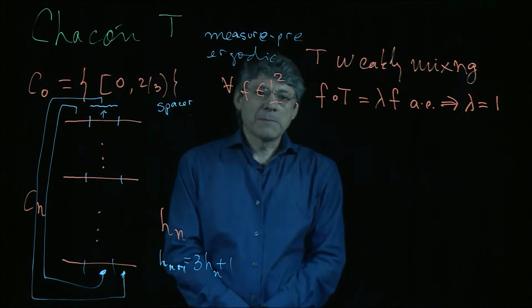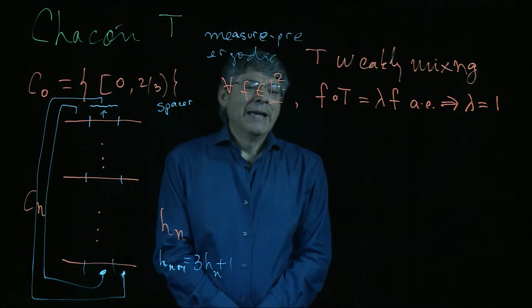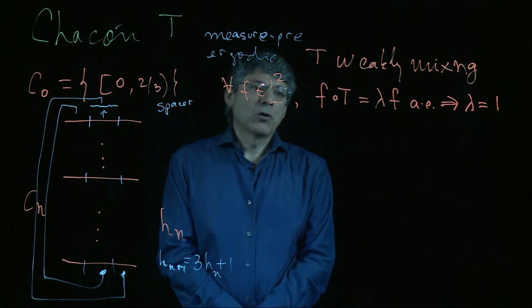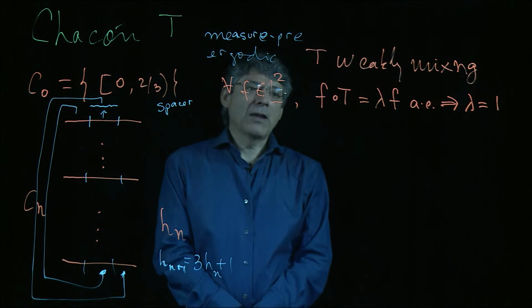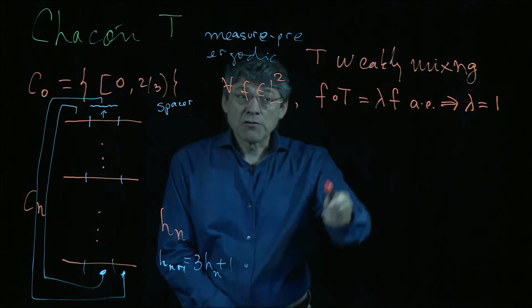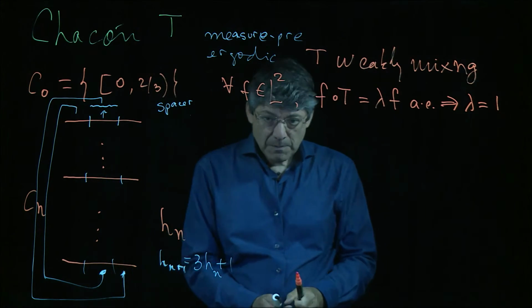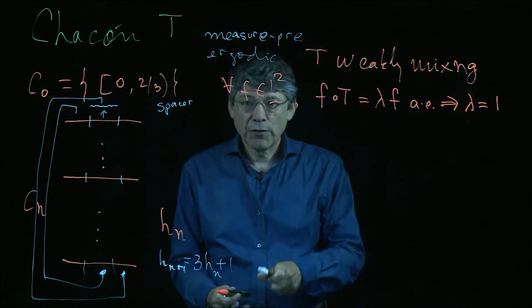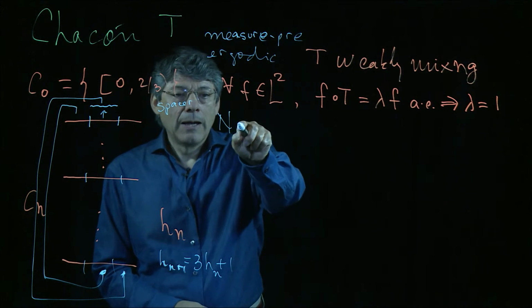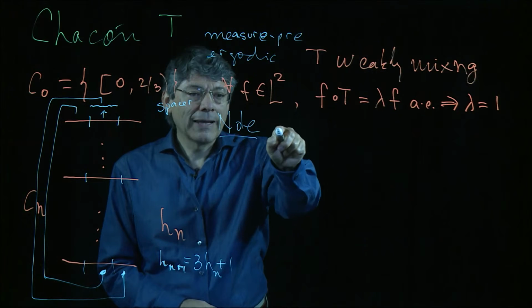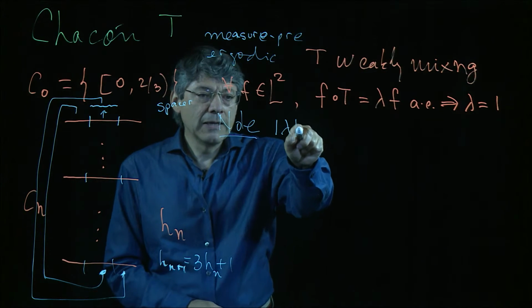The absolute value of lambda comes out, because it's a constant, comes out of the integral. And we'll make a remark here, let's note that one can show that the absolute value of lambda is 1.